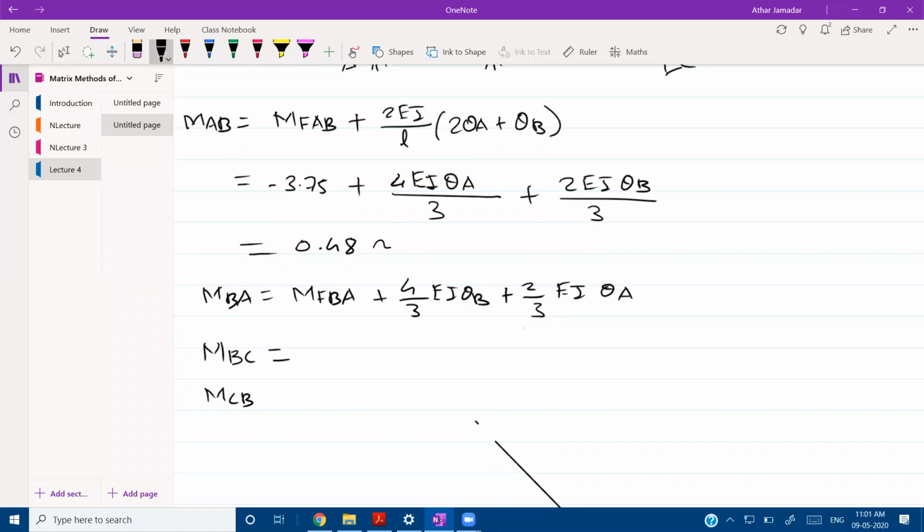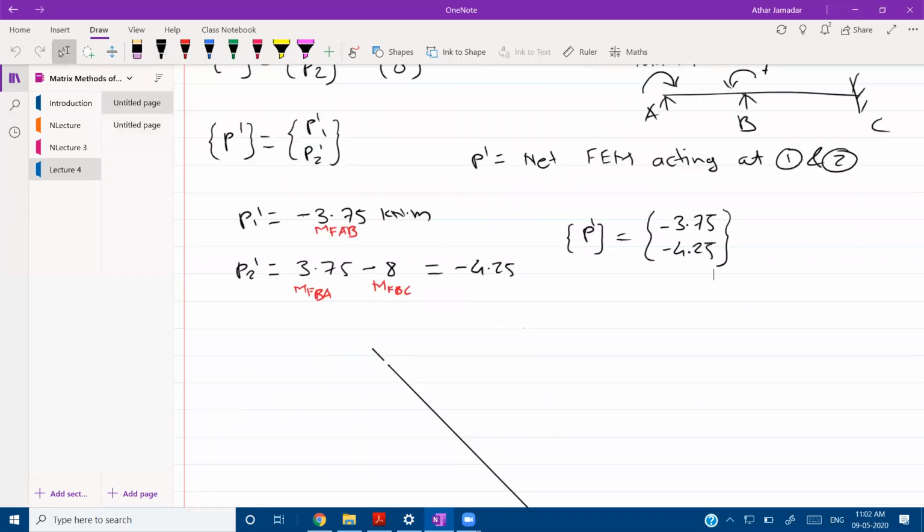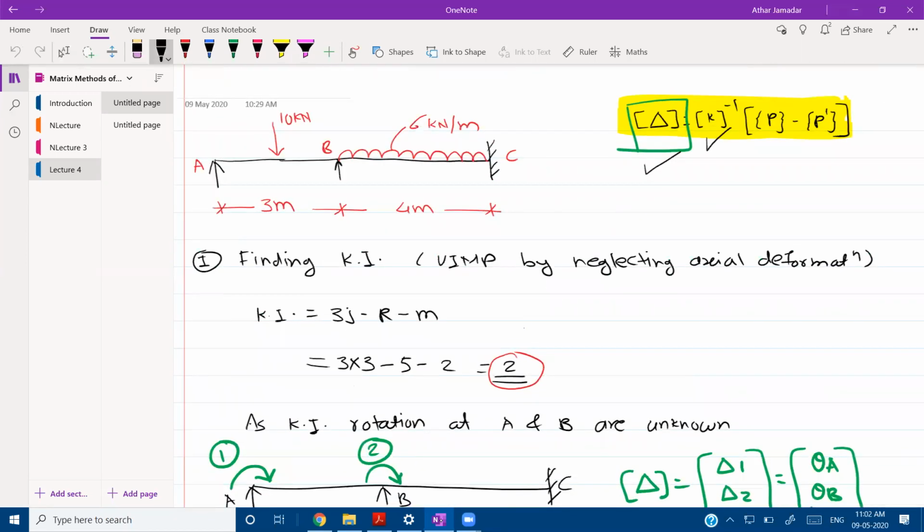So this value is nearly equal to 0. If you take it up to the third digit, it should be equal to 0, because support A here is an end simple support. You should know that at an end simple support, moments are going to be 0.